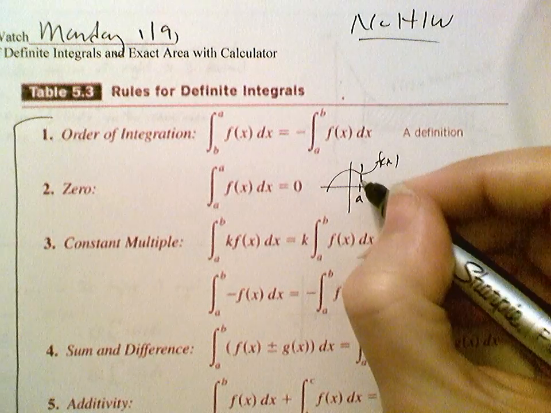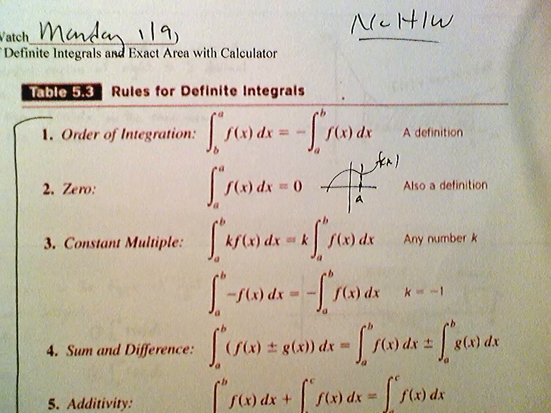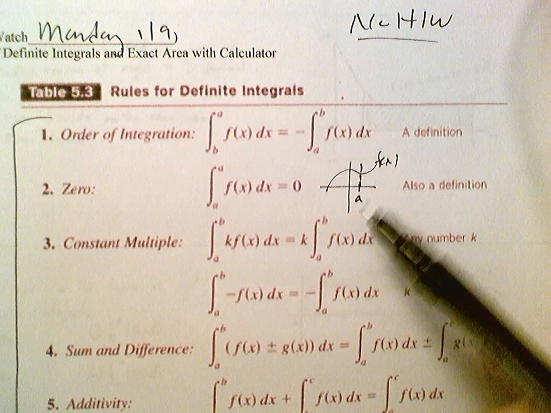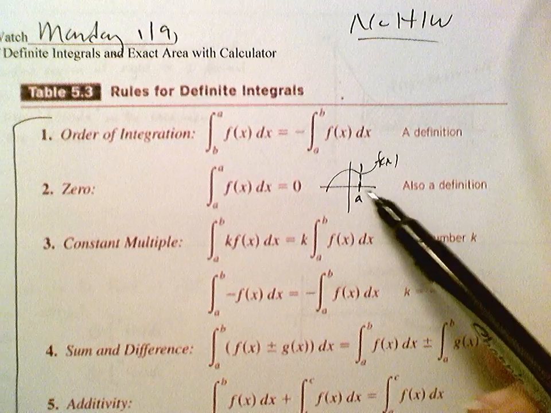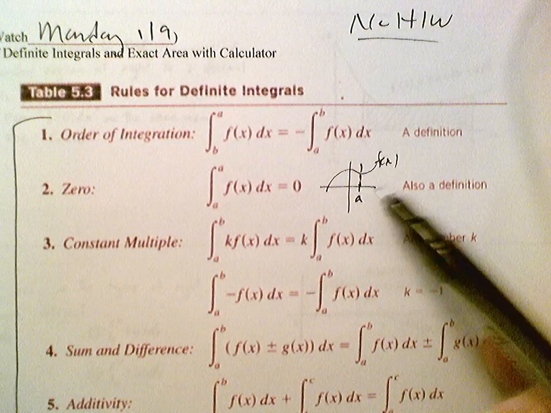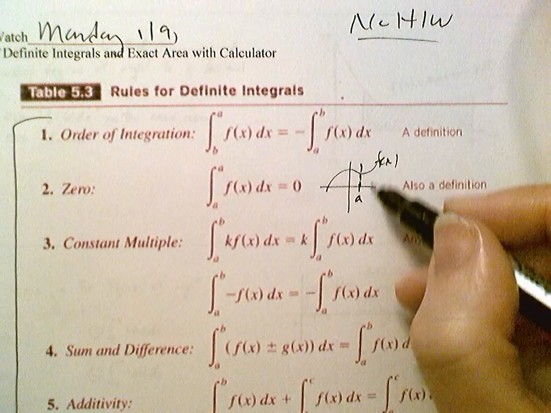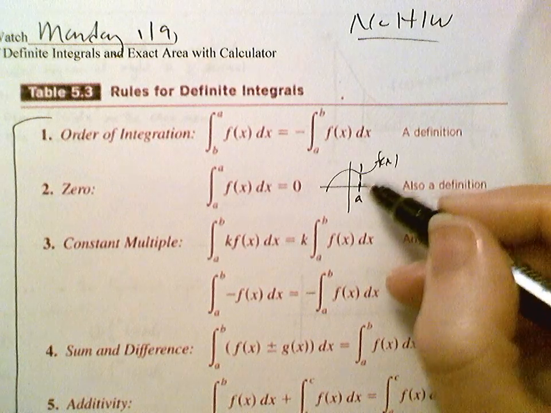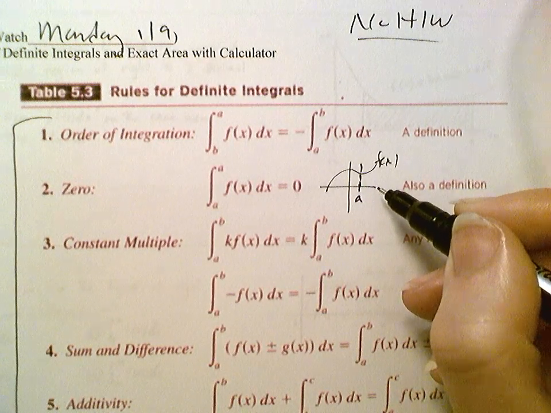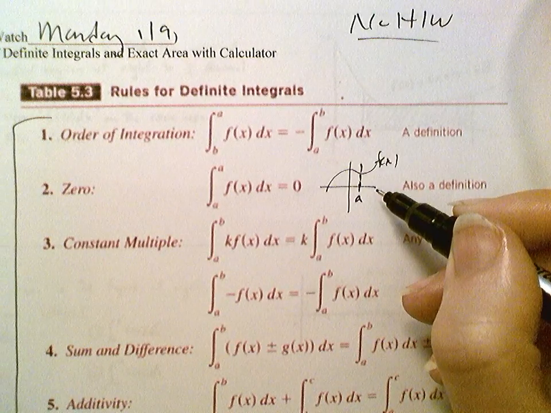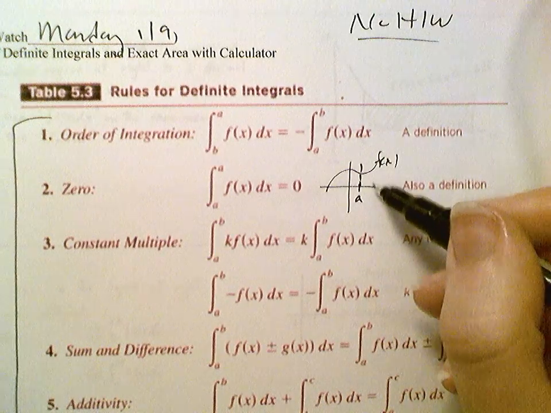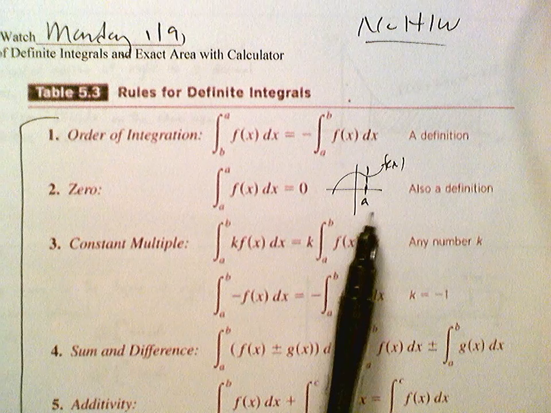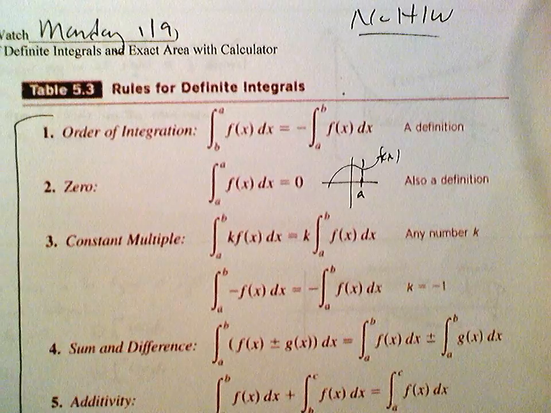If you do the integral, the area under the curve from a to a, you're going to get 0 because this interval has no length. If you imagine putting a b over here, then you'd actually have some shaded area to find, and that would be a different situation, but this is a 0 length interval, so the area underneath the curve on this interval is 0.